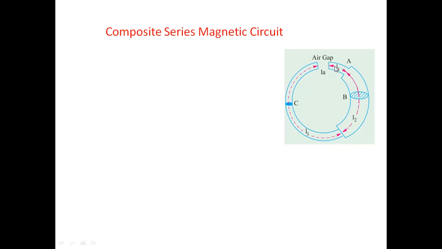So air is a good conductor for the magnetic field, but air is an insulator for the electric field. For electric current, air is an insulator, whereas for the magnetic field, air is a good conductor. That's why through this air also the flux passes.